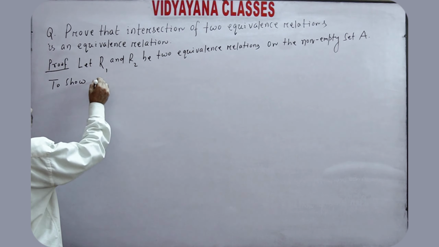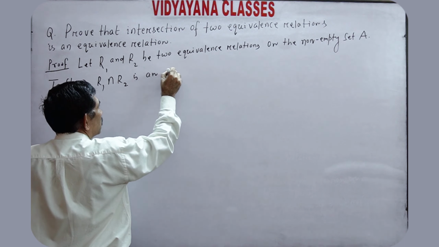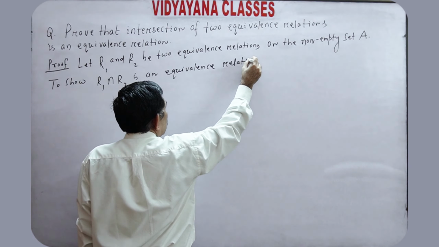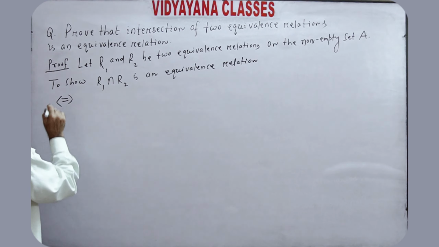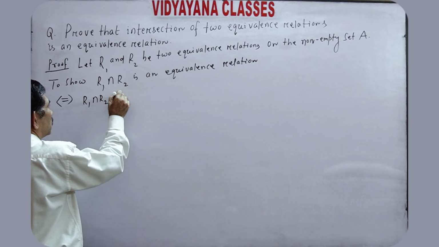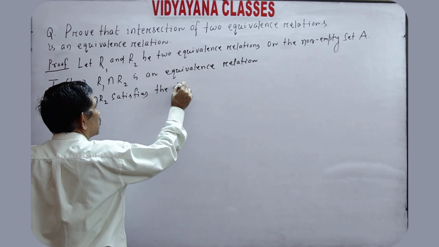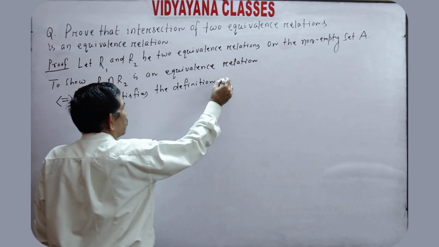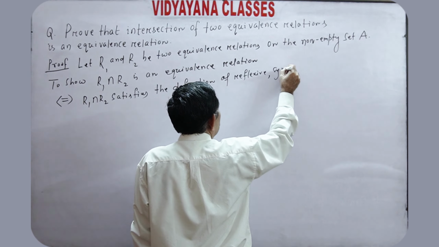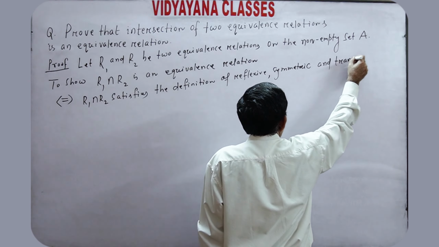That means to show R1 intersection R2 is an equivalence relation, which implies and is implied by R1 intersection R2 satisfying the definition of reflexive, symmetric and transitive.